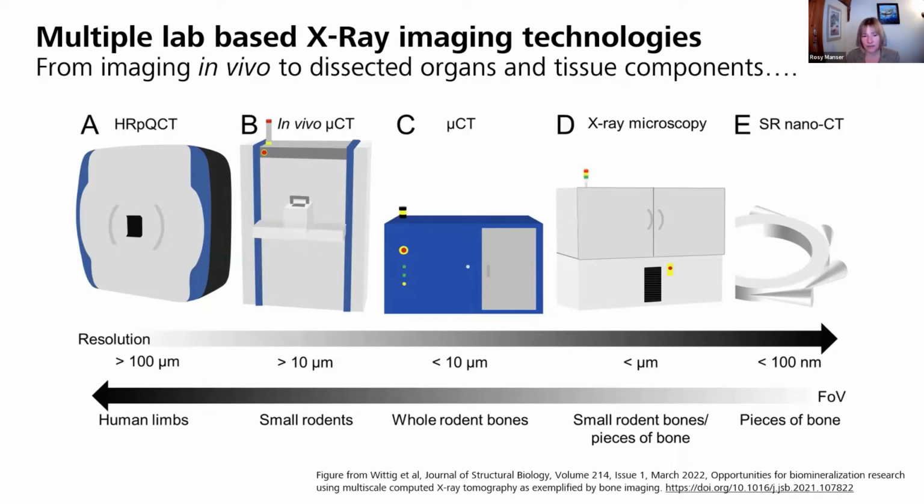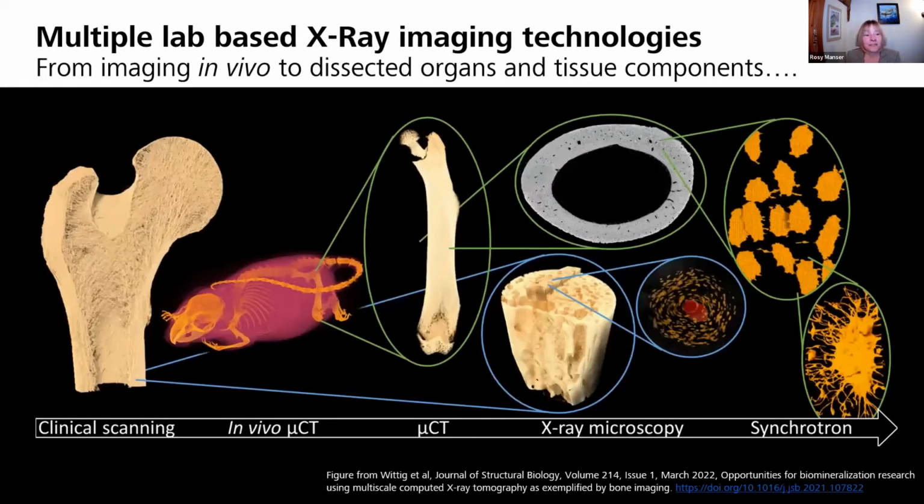This is a really nice figure taken from a paper that was published earlier this year, looking specifically at the technology for bone. But I will emphasize here, it isn't just about bone. There's so much exciting stuff happening in addition to the world of bone in life science research. The same paper had this graphic, which turned the technology platforms into actually what you'd be able to achieve in terms of imaging. So on the left-hand side here, clinical scanning.